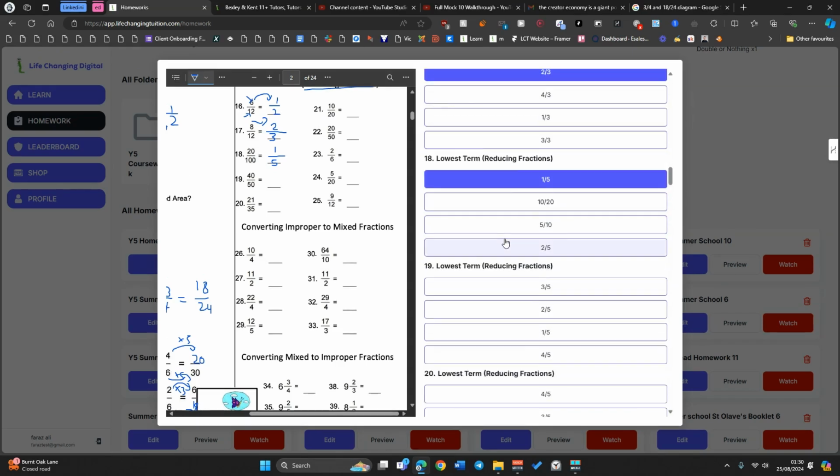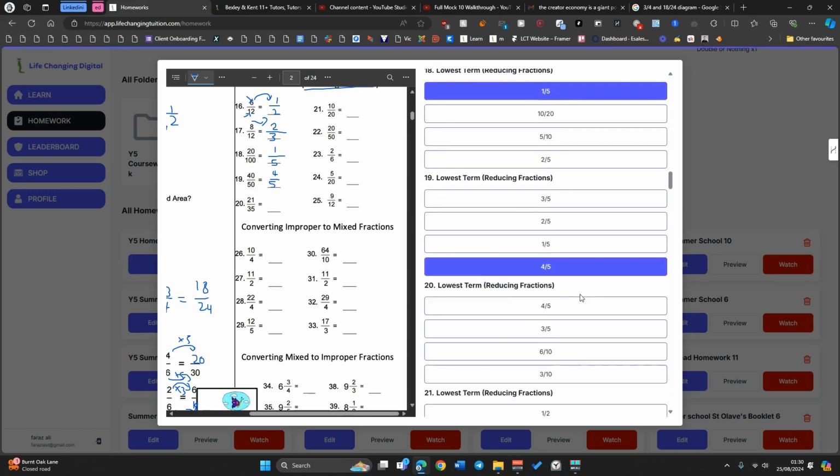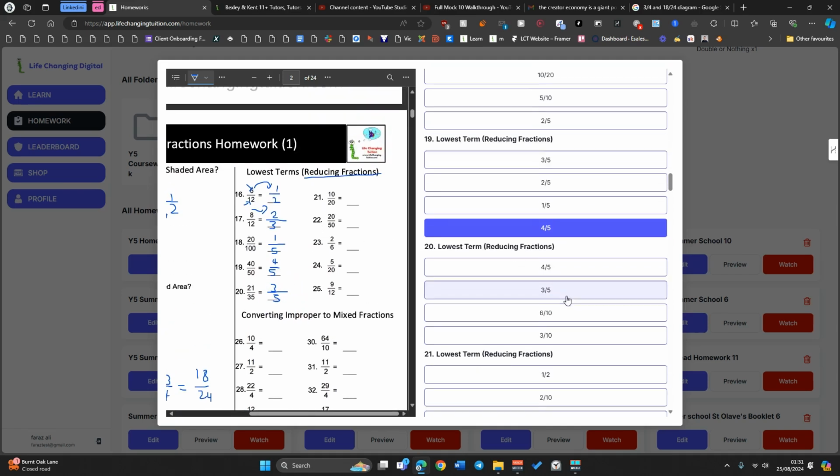Alright, question 19. 40 over 50. 10 goes into both of these, so 10 times 4 is 40, and 10 times 5 is 50, right? So 4 over 5 is the answer here. Question 20. Okay, 7 goes into both of these. 7 times 3 gets us 21, and 7 times 5 gets us 35.